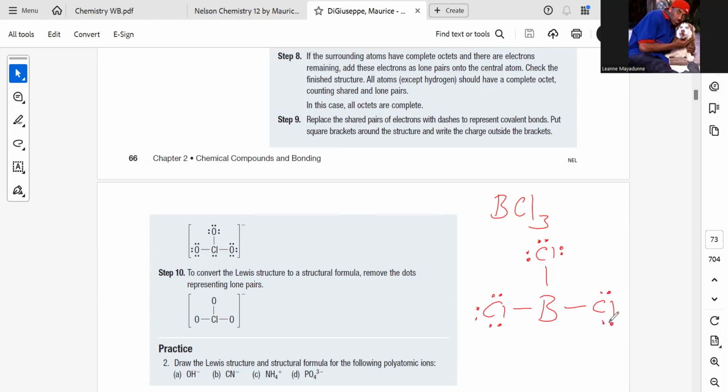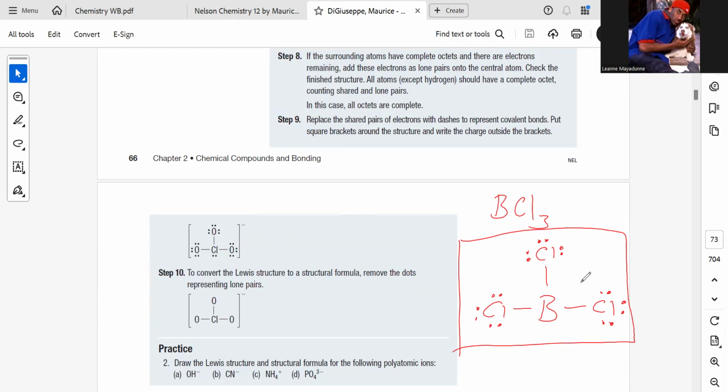Yes, this is what you drew. So you forgot to complete the octet of the extreme atoms. So this is your structure, and if you notice, BCl3 has an incomplete octet. BCl3, BF3, any example. Boron basically can have an incomplete octet.